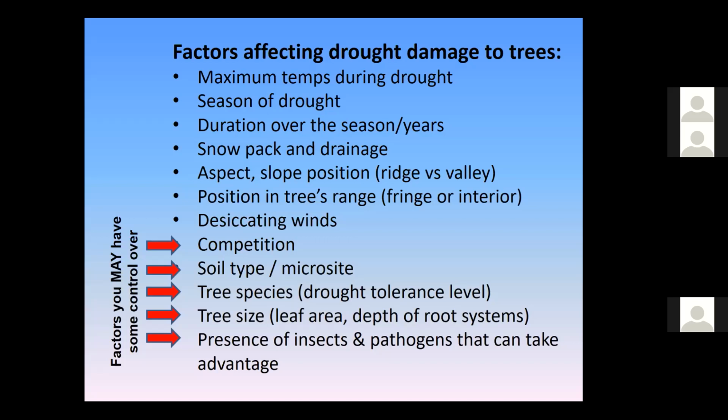So large amounts of storm damage, for example, can produce larger populations of bark beetles, which then have the potential to move from that dead material they're breeding in into your live trees. This is more of a concern for Eastern Washington than Western Washington, but it's something to keep in mind during drought periods.